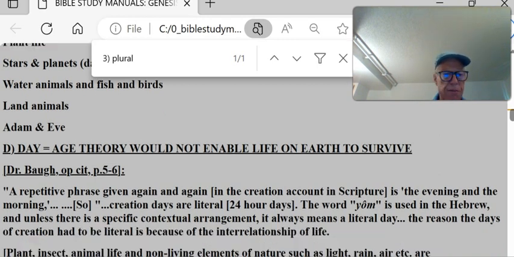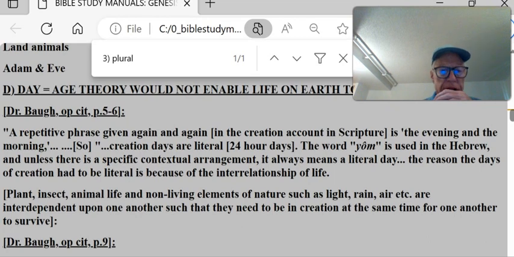Dr. Ball says, a repetitive phrase given again and again in the creation account in Scripture is the evening and the morning. So, creation days are literal 24-hour days. The word yom is used in the Hebrew, and unless there is a specific contextual arrangement, it always means a literal day. The reason the days of creation had to be literal is because of the interrelationship of life.